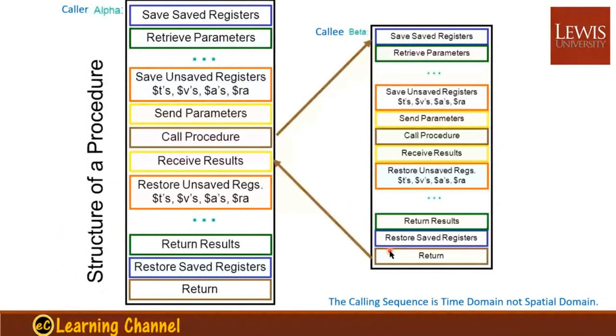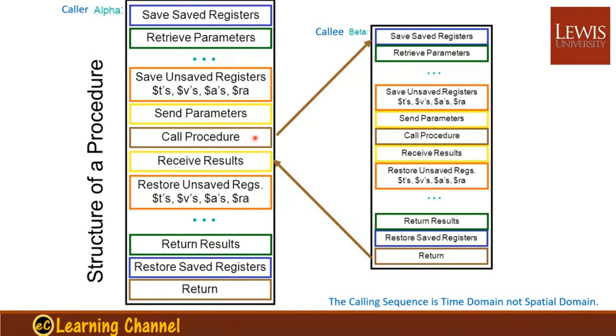And here is the structure of a procedure. Basically, we have some call frame, and we have some program, and we have different information. We go to call some procedure, and we have the callee's frame over here and the caller over here. The calling sequence is in the time domain, not the spatial domain.